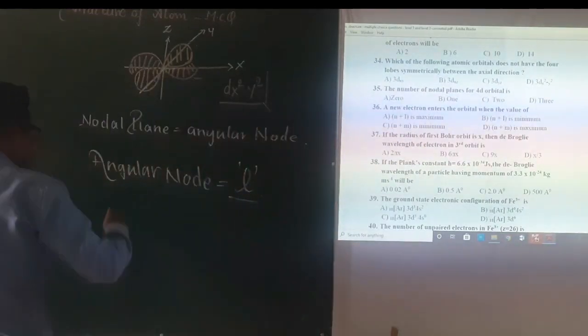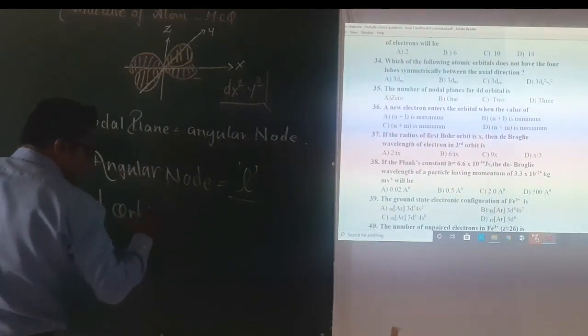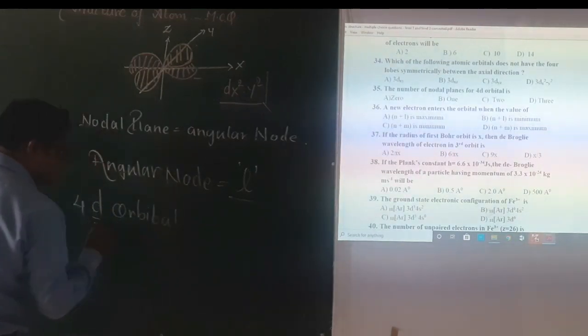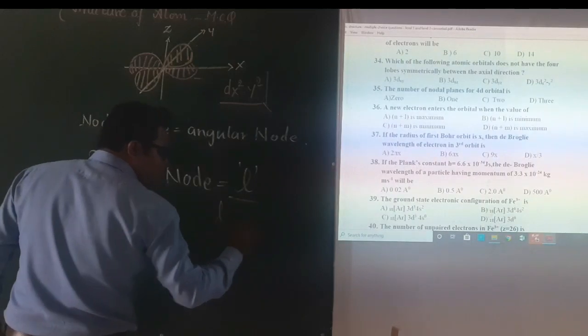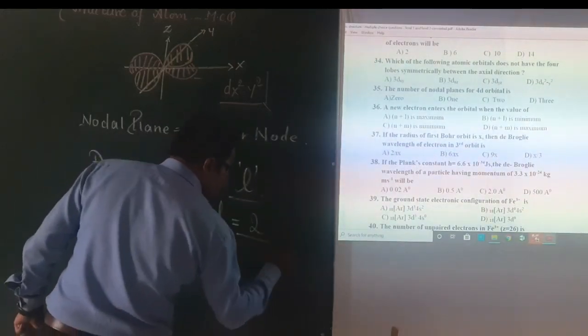For a 4d orbital, the value of L will be equal to 2, right?